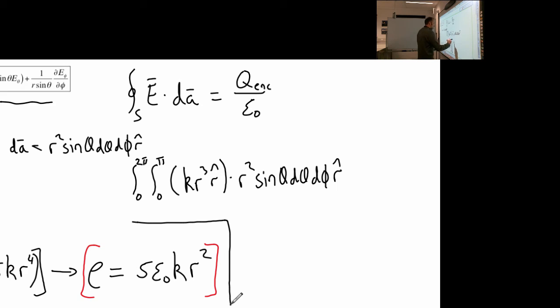Okay, so now we have the total charge enclosed over epsilon naught will be equal to 4 pi r to the power 5. So we've got 4 pi k r to the power 5.